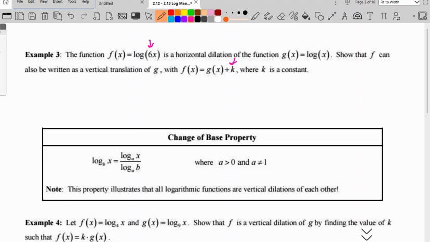So log base 6 of x, it's just a product, so we can rewrite that as f of x equals the log of 6 plus the log of x. So we can just split it to the sum of logs.